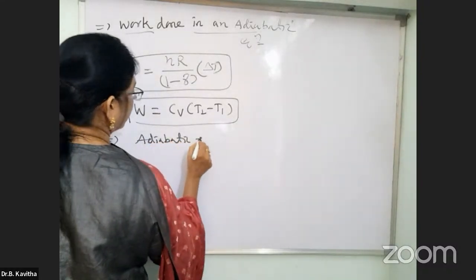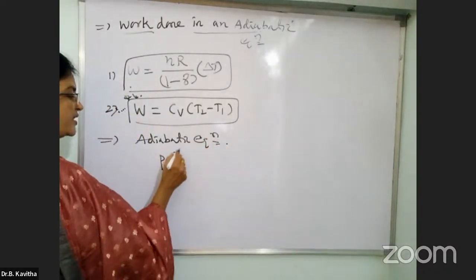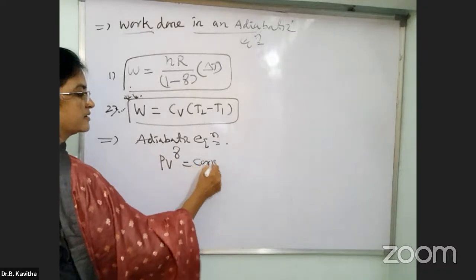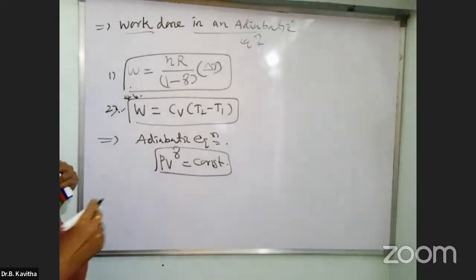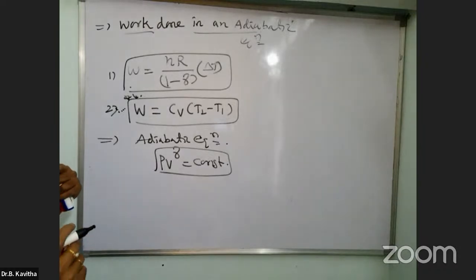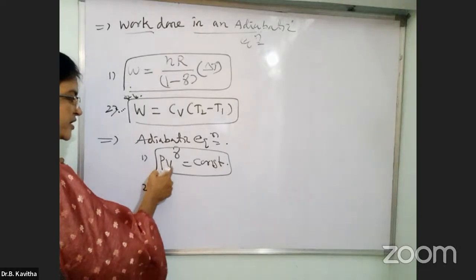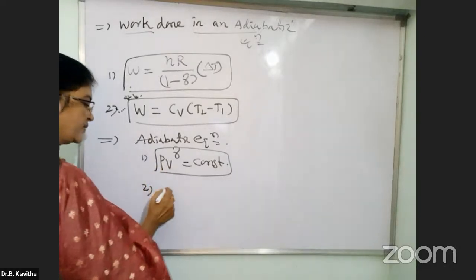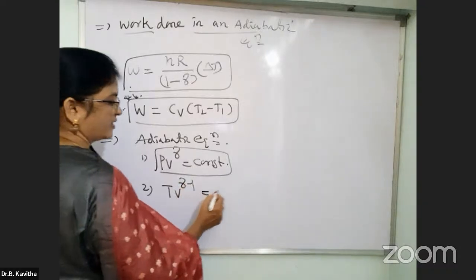Adiabatic equation. What is the equation? PV to the power of gamma is constant. One more is also there. This is the first one, in terms of pressure and volume. The other one is TV to the power of gamma minus 1 is constant.